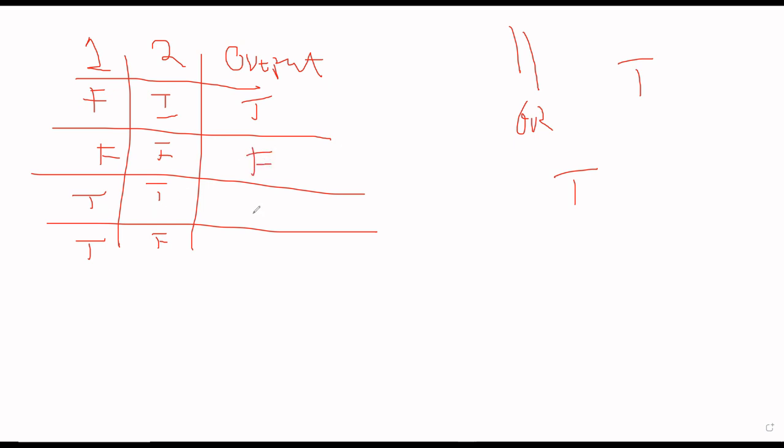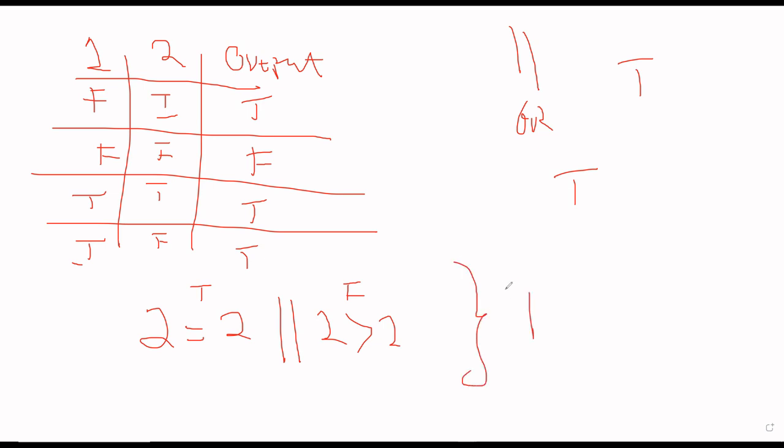This is true, so it ends true. So that means that if I have 2 equal to or 2 greater than 2, this returns true and this returns false. Hence, I will have true there.